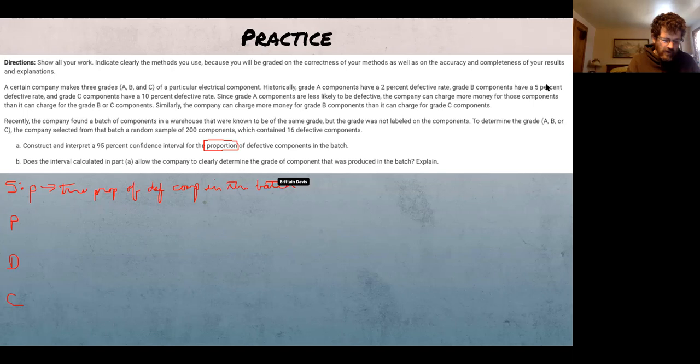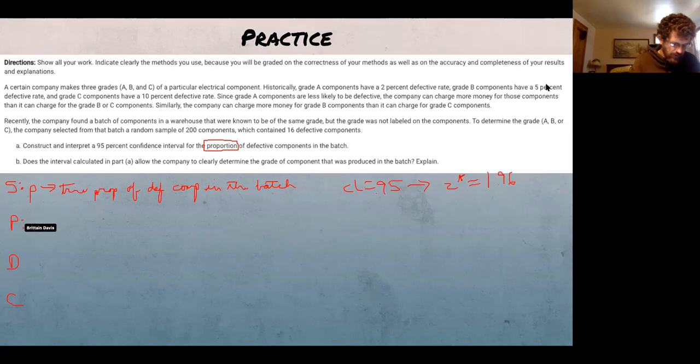All right. My confidence level right here is going to be 0.95. So already, because it's proportions, I know I'm using Z star. And my Z star for 95% is 1.96. And now I can move on to plan.